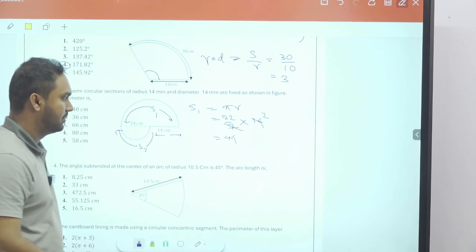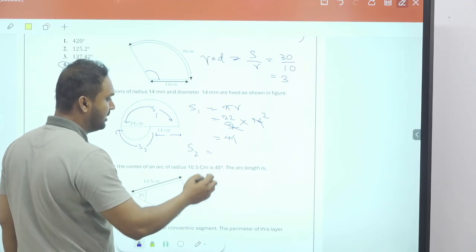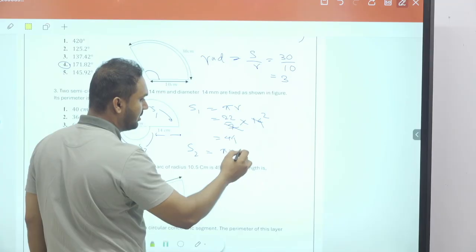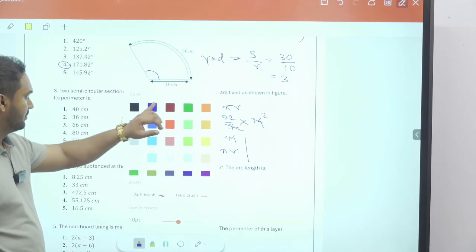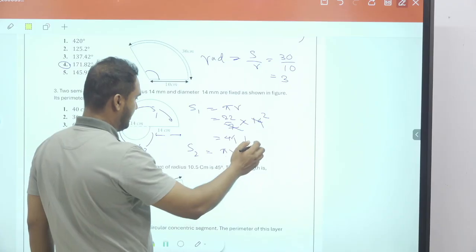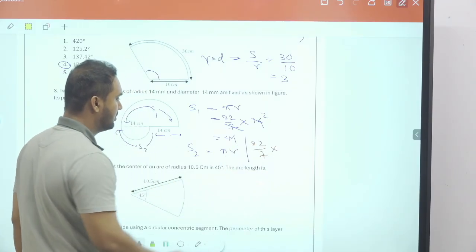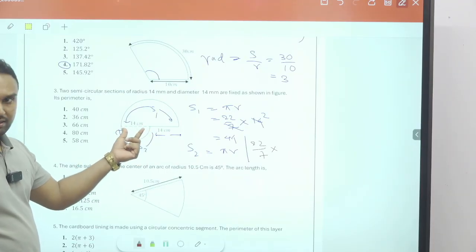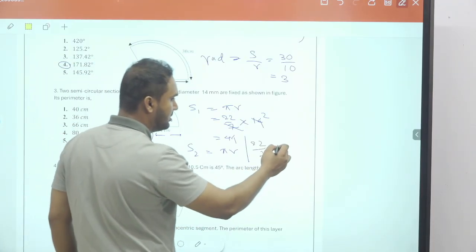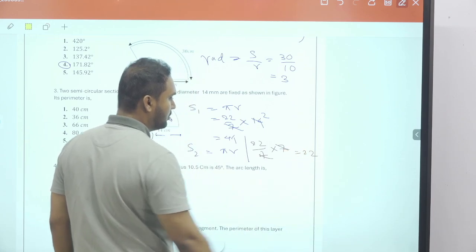44, right? And this 2 is, again, it's 5r, which is 22 over 7 into the r here, which is 7, right? R here is 7. So it's 22.